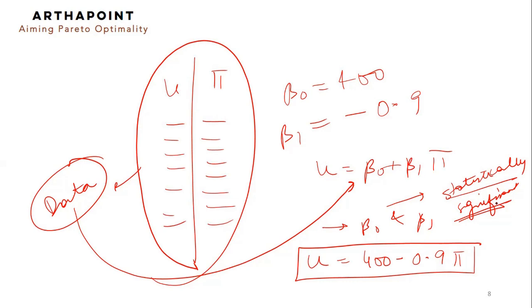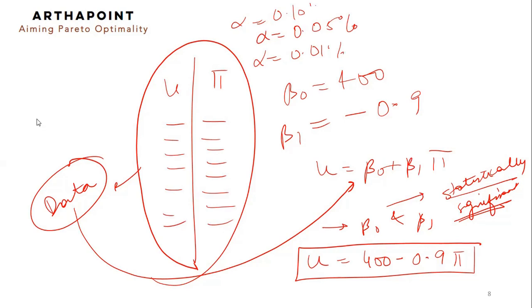By statistical significance, I am saying that I'm going to run a hypothesis test on it at whatever confidence level you want to run it at. So maybe you want to keep your alpha at 5%. Maybe you want to keep your alpha at 1%. Maybe you want to keep your alpha at 10%, whatever you want to do there. So depending on what alpha you have, you're going to go ahead and pick up these values.